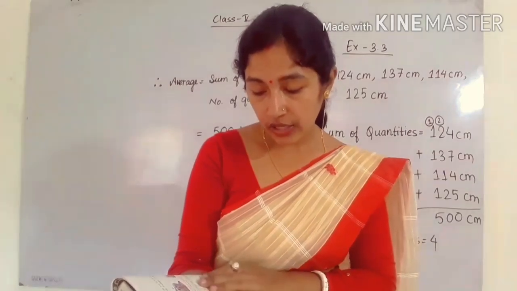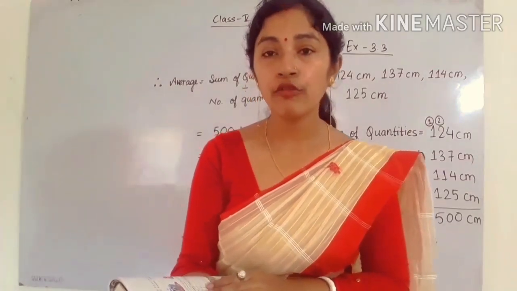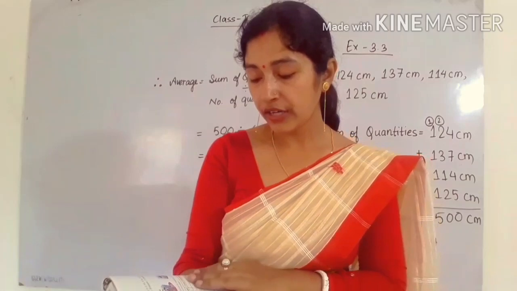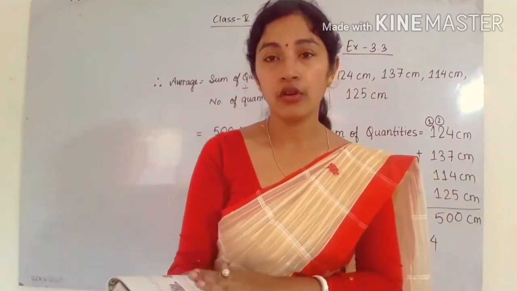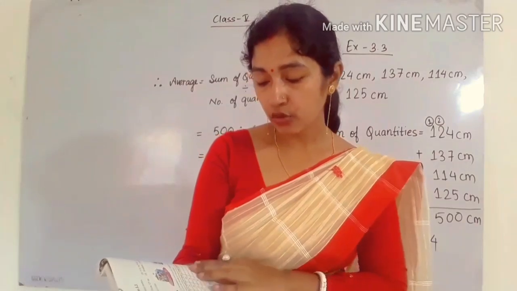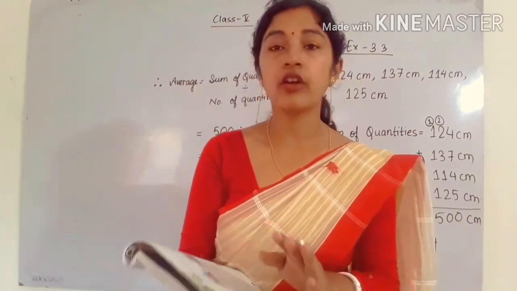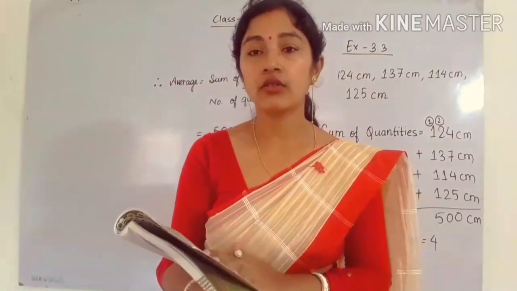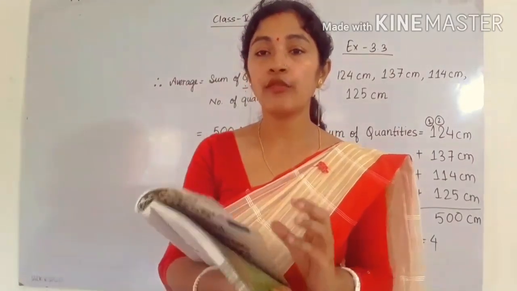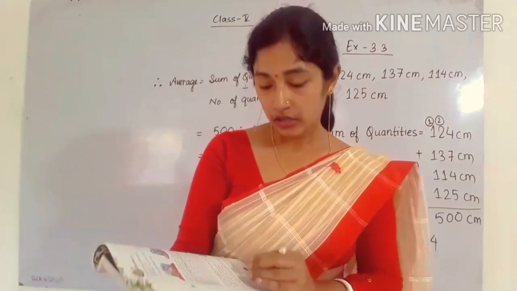There are total 4 weeks, so you have to divide the total collection for class 1 by 4. Like that you have to do for class 2. First you have to add, find the sum of quantities, because that number you have to put in the formula.